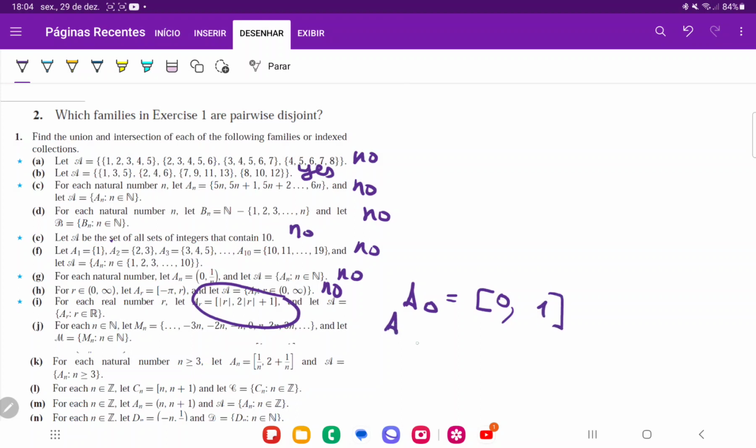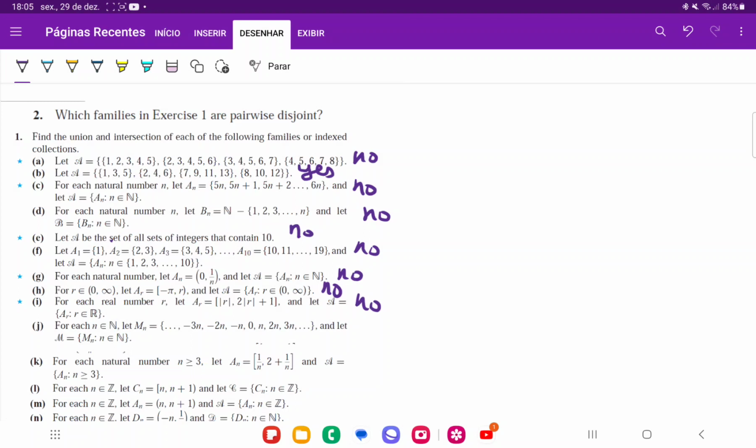And then a of, say, 1/2, that's going to begin at 1/2, and then go to 2 times 1/2, which is 1, plus 1 is 2. So we can see that these are not pairwise disjoint because the value 1 is included in both of them, but in fact you have infinite values that are in common. So that's also going to be a no.